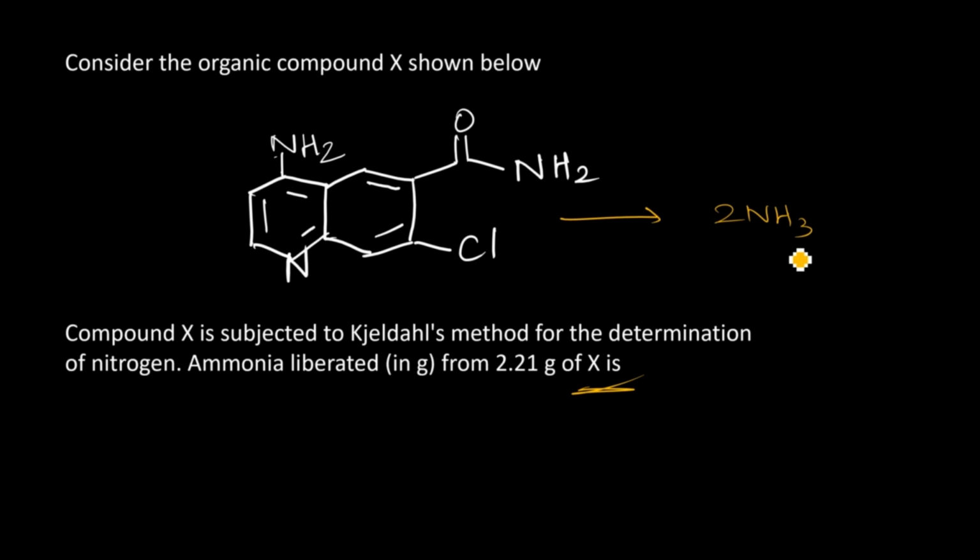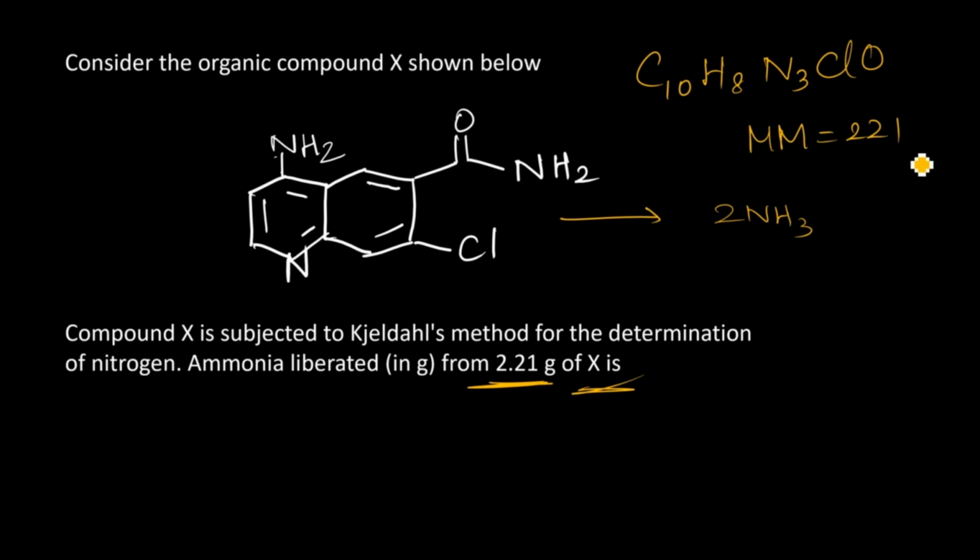Fine. So here we have to find the molecular mass of this compound to find the moles. The grams given is 2.21. So the molecular formula I'm giving you is C10H8N3 Cl and O. From this you can find the molecular mass, that is 221.